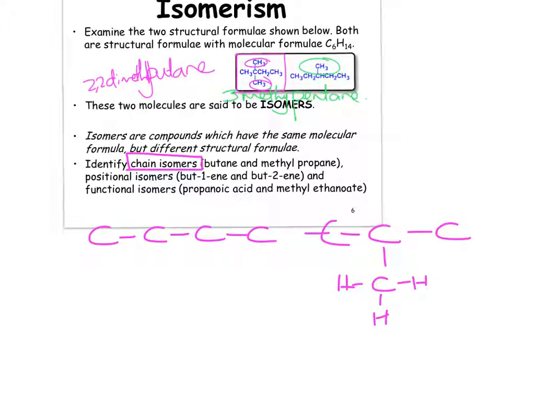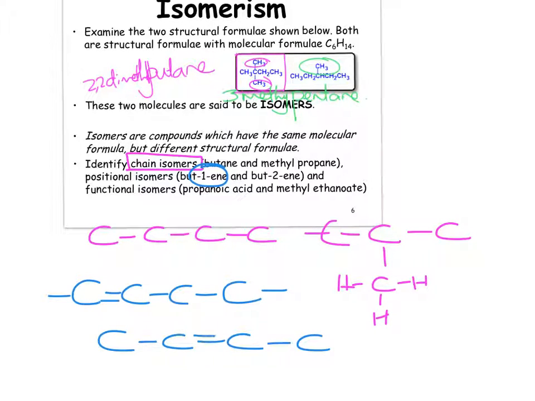A positional isomer would be something like 1, 2, 3, 4, and we've got a double bond on the first carbon, or 1, 2, 3, 4, and we have a double bond on the second carbon.